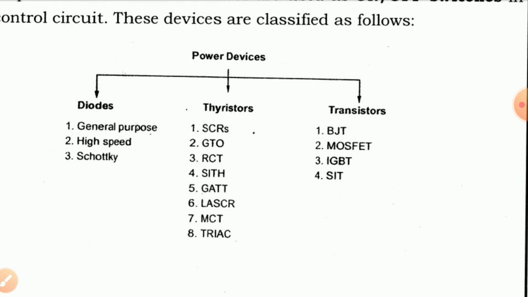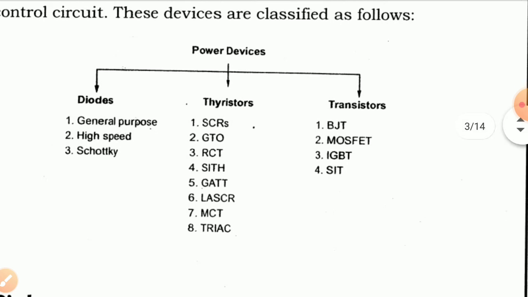Then we have transistors. Transistors include the BJT, that is bipolar junction transistor, which we already studied in analog electronic circuits. Then MOSFET, metal oxide semiconductor field effect transistor. Then IGBT, insulated gate bipolar transistor.